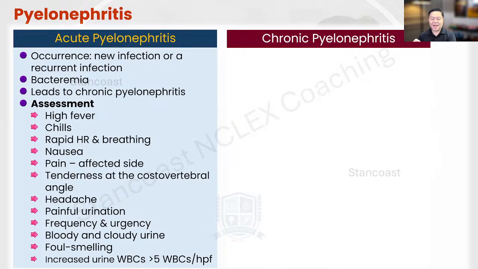But on top of that, if there is an incoming infection, then that will make them a little bit similar to acute pyelonephritis. And talking about this type of pyelonephritis, this is going to happen much more slowly. It can be gradual, and it kind of creeps up on you over time. And this is going to be a result of recurrence of the infections, and it's just like a nagging ache that never seems to go away.